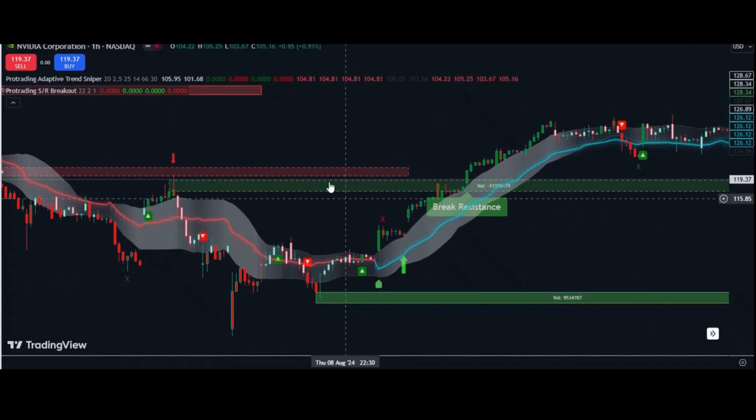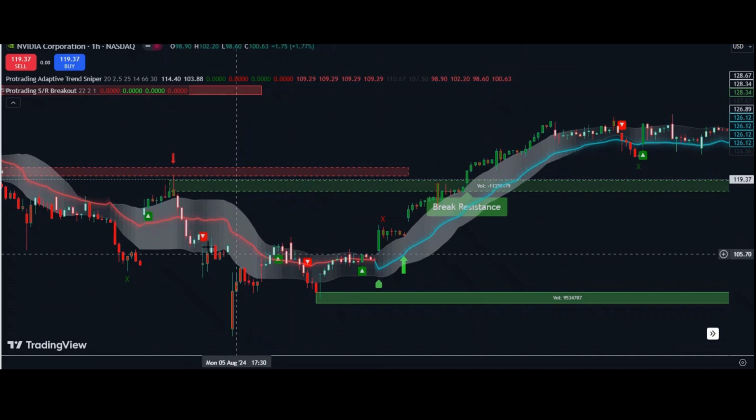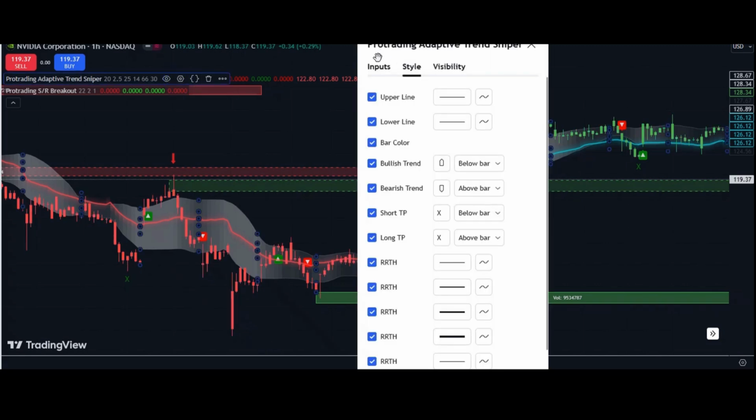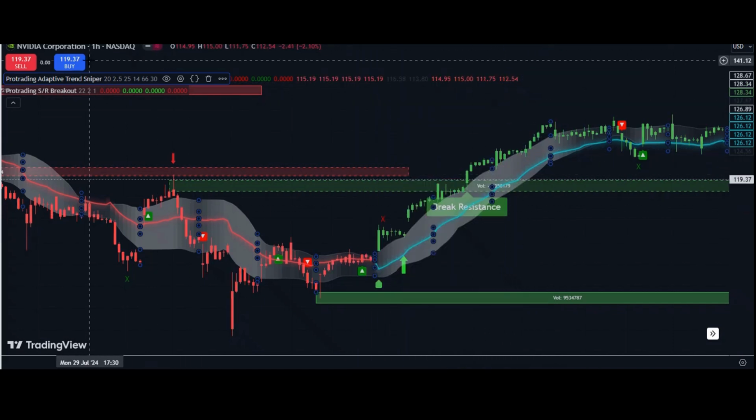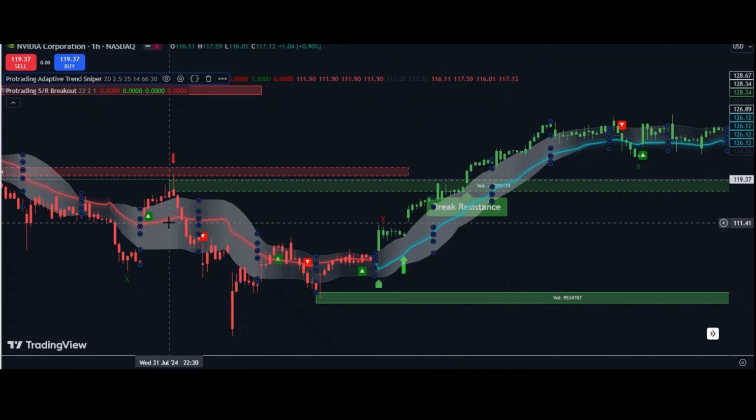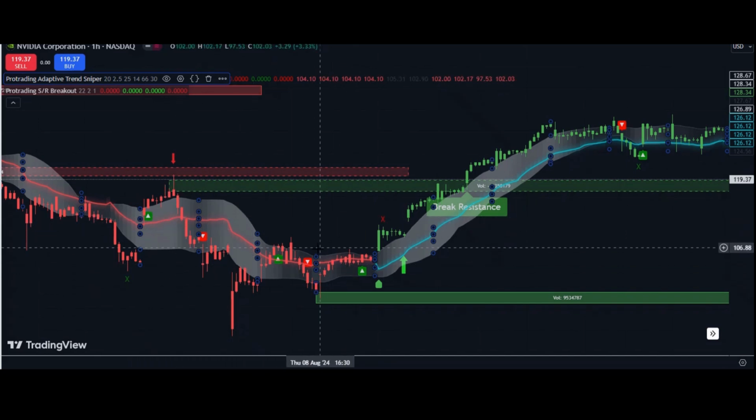Let me explain to you what these two indicators are doing. You can see here the first indicator is the Pro Trading Adaptive Trend Sniper. What this indicator is basically doing is that it gives us the direction of the market.